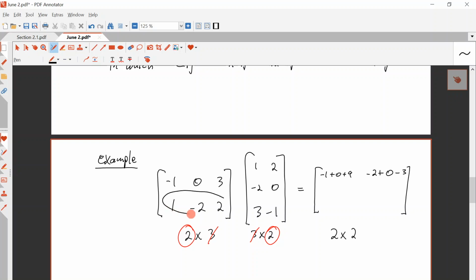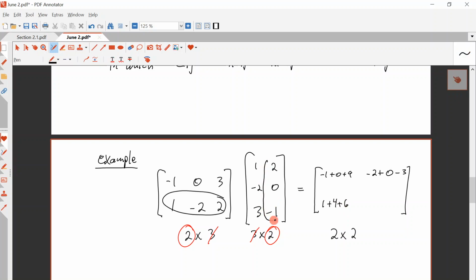And then the second row, first column, multiply the corresponding entries and add. 1 times 1 is 1, plus minus 2 times minus 2 is 4, plus 4, and then 3 times 2 is 6.